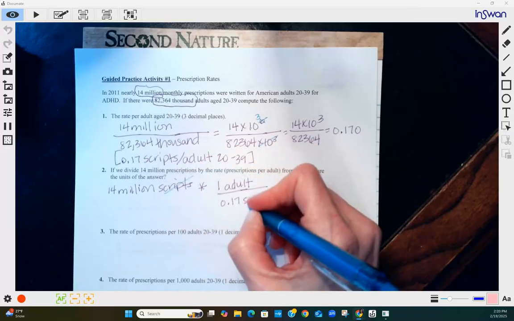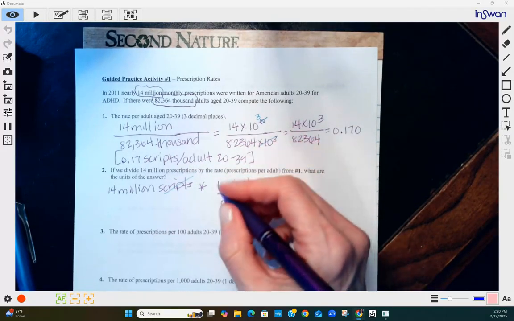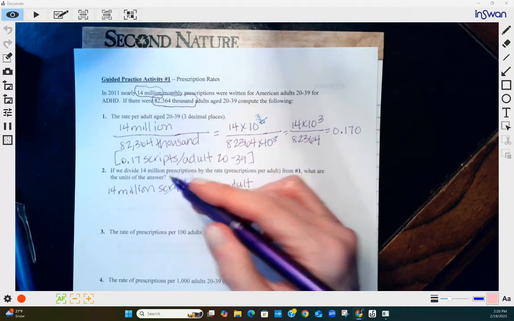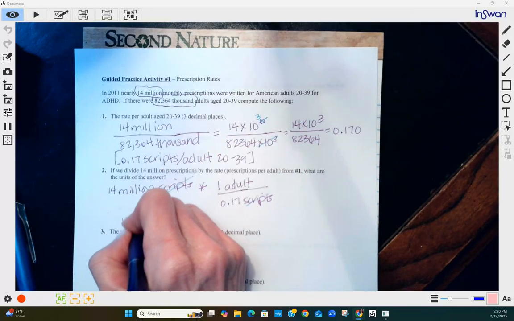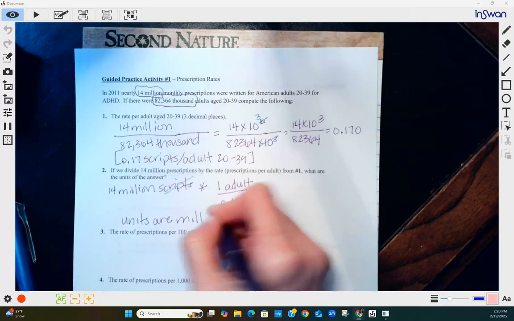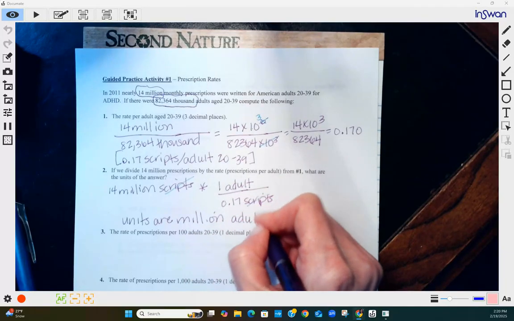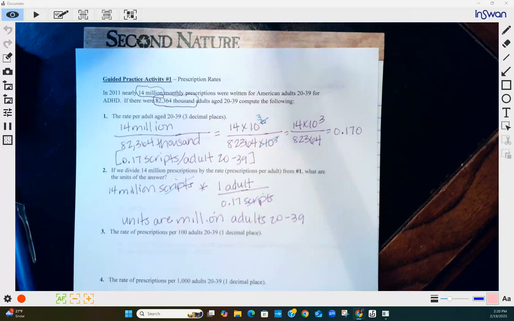The prescriptions go away, and what's left is million adults. So the units are million adults 20 to 39, because those are the things we weren't able to cross out.